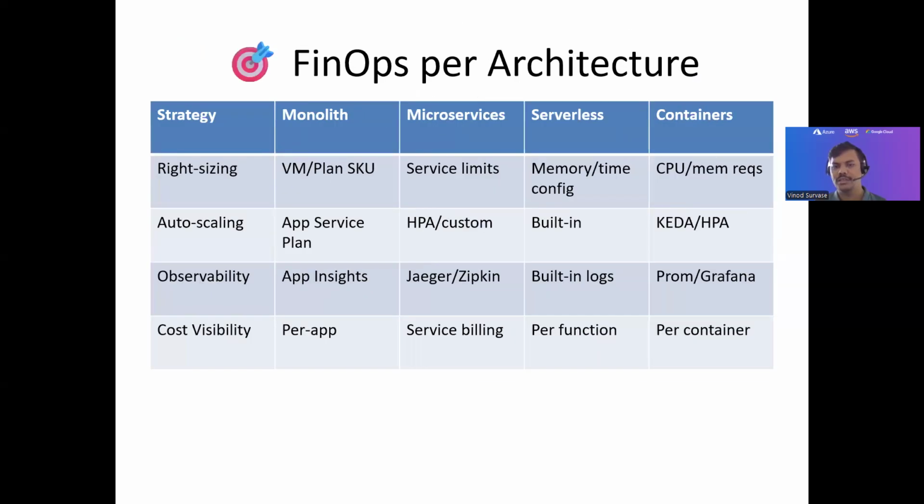And FinOps per architecture mapping. So you can see a bit about it. Now, this is not a complete picture and this is on a high level, but you can see starting from the strategies and then on each of those architectures, monolith, microservice, serverless, and containers, right-sizing, auto scaling, observability, and cost visibility.